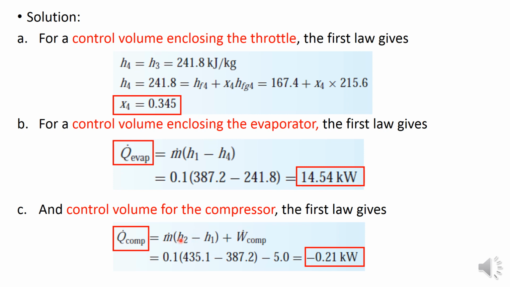H2 means enthalpy at state 2, where for R134A, P2 is 800 kilopascal and T2 is 50 degrees Celsius. For that, H2 is 435 from the table, and H1 as earlier, that is 387. Minus work for the compressor is given, it is 5 kilowatt. Since work is absorbed in the compressor, it is minus, as finally it is 0.21 kilowatt. So that is the final solution. So try to get these answers.